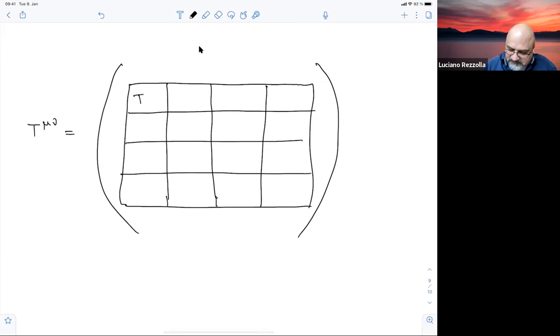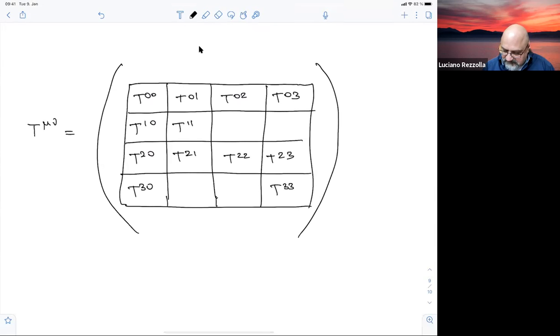So this would be T00, this would be T01, this would be T02, T03. I take the symmetric part, T10, T20, T30. I take the diagonal, T11, T22, T33. And then I take T21, T23, T31, T32, T12, T13.